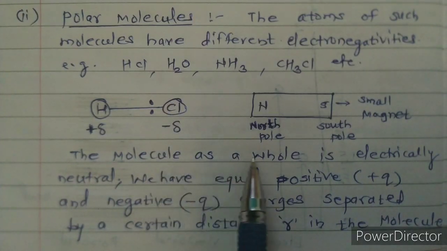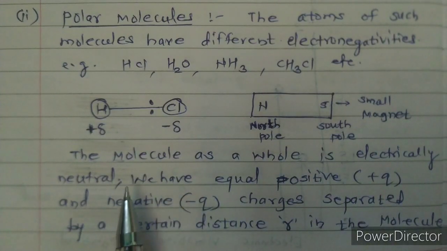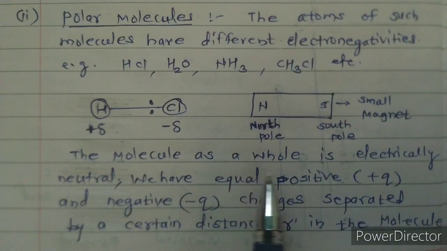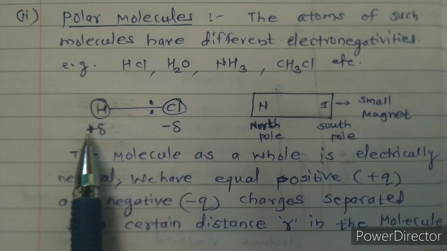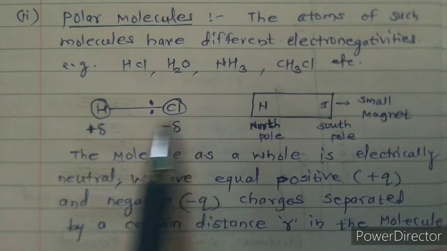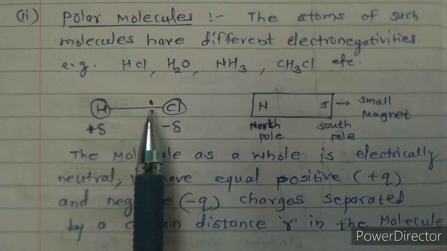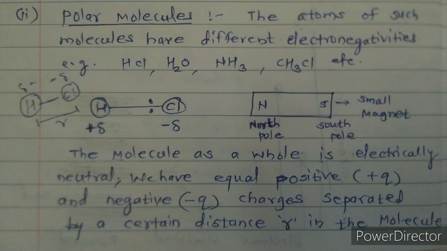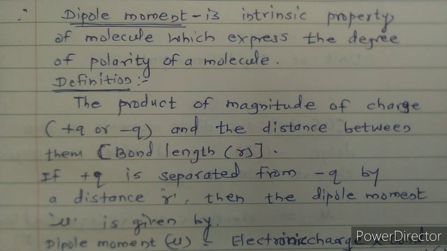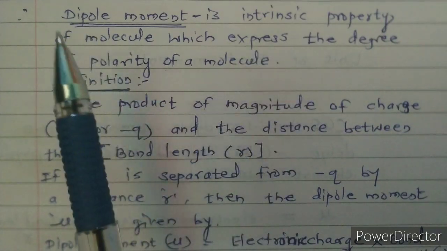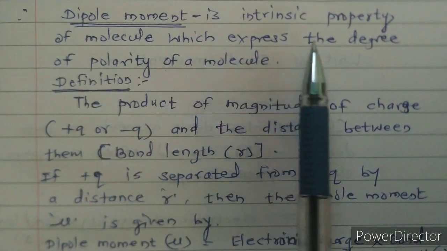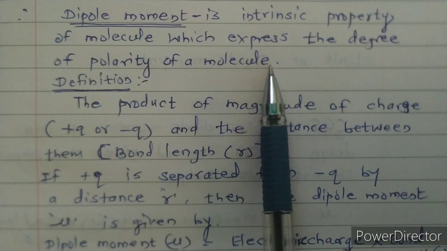The molecule as a whole is electrically neutral, but we have equal positive and negative charges, separated by a certain distance r. Because of charge separation, the molecule becomes polar and behaves like a small magnet, and it is called a dipole. Dipole moment is an intrinsic property of the molecule which expresses the degree of polarity of the molecule.